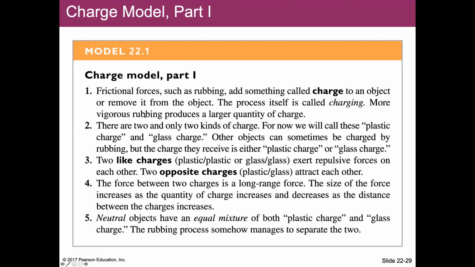More vigorous rubbing produces a larger quantity of charge. There are two and only two kinds of charge. For now, we will call these plastic charge and glass charge. Other objects can sometimes be charged by rubbing, and the charge they receive is either plastic or glass charge.